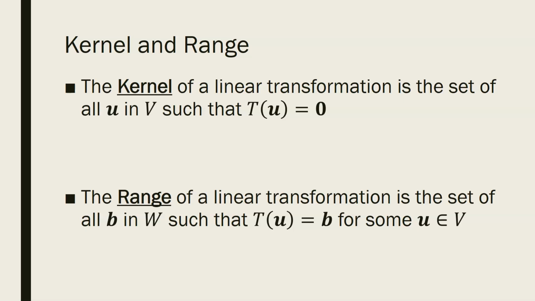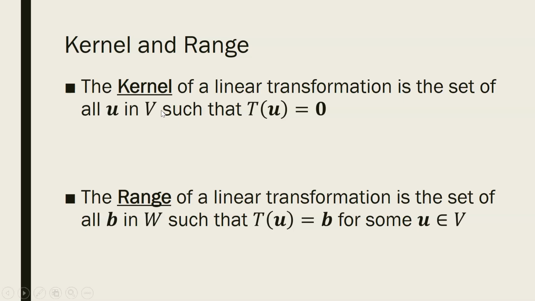Kernel is the set of all vectors that get mapped to the 0 vector. Range is the set of all output vectors. So kernel and range are my analogous things.